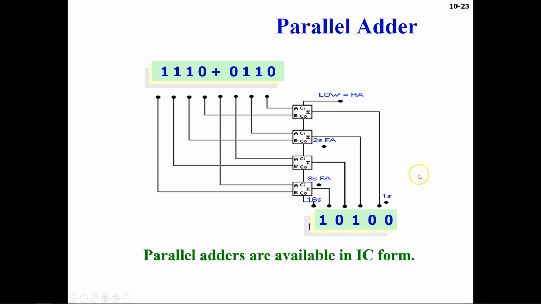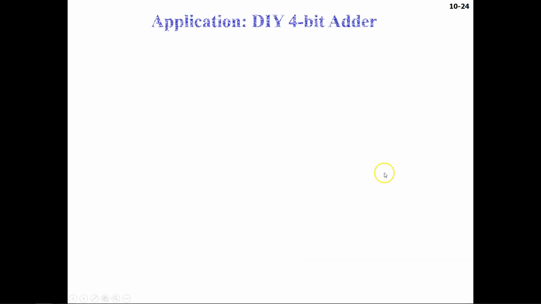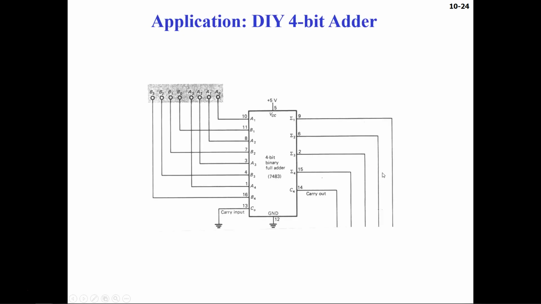Parallel adders are available in IC forms, and now we are going to see an application of the 4-bit adder. So this is the 7483 4-bit binary full adder, and it has 4 inputs, starting from A0 to A3, and then another input which is starting from B0 to B3.